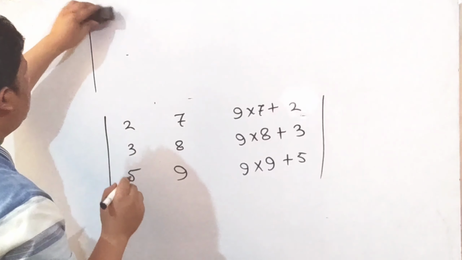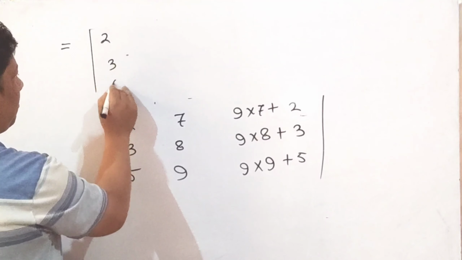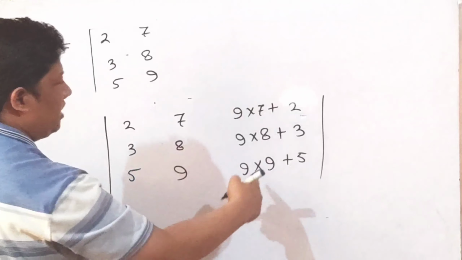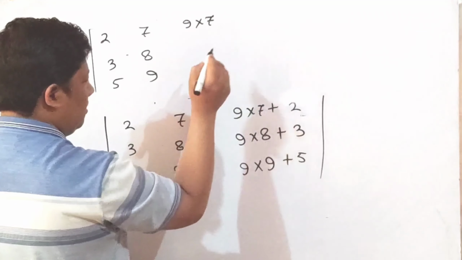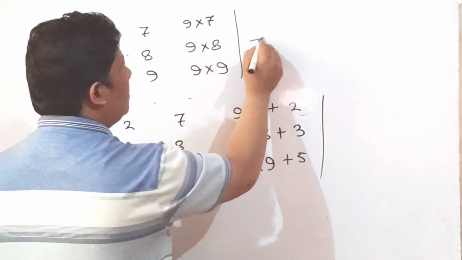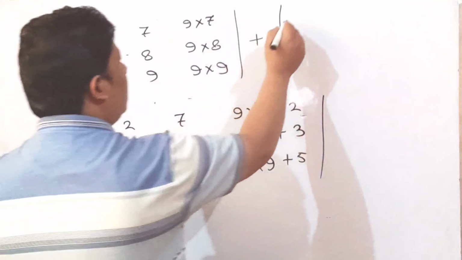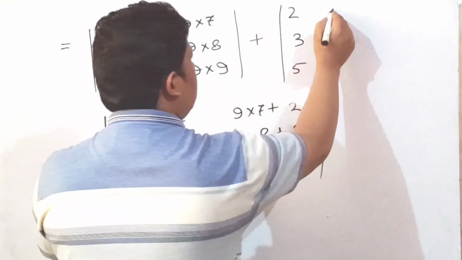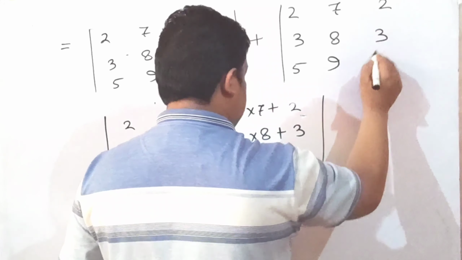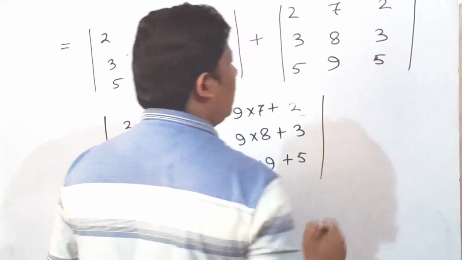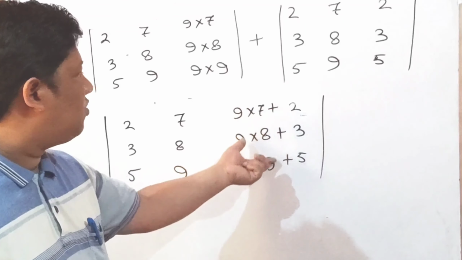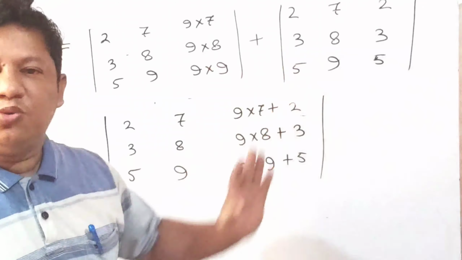For the first determinant you get 2, 3, 5 and 7, 8, 9, and the third column is 9 into 7, 9 into 8, 9 into 9. And the second, you can write 2, 3, 5, 7, 8, 9, and the other column is 2, 3, 5. I expand like this because this element is the sum of two elements, so I expand this determinant as the sum of two determinants.